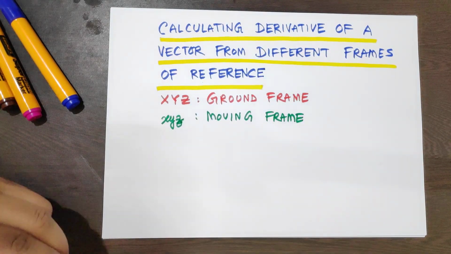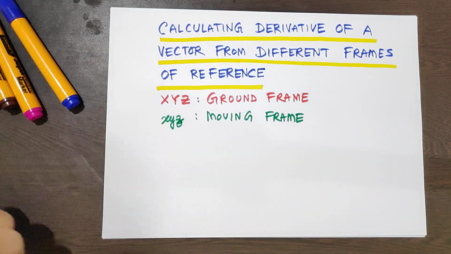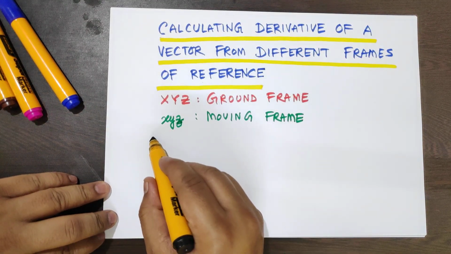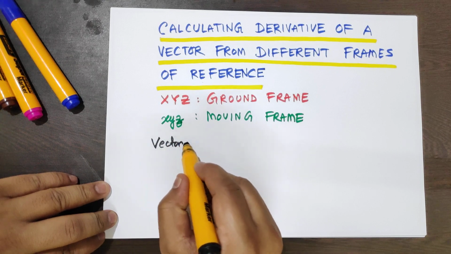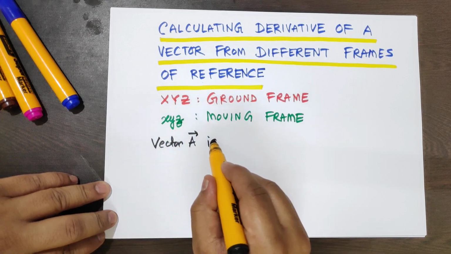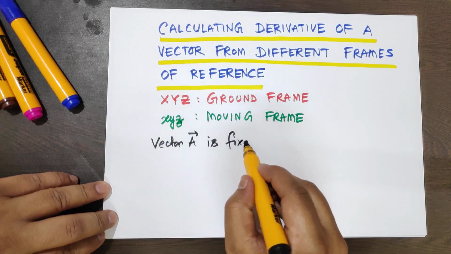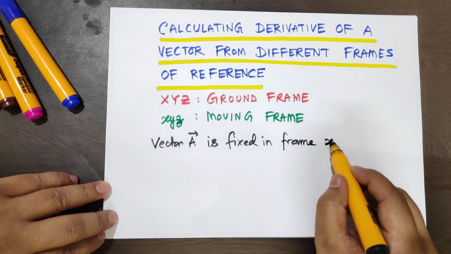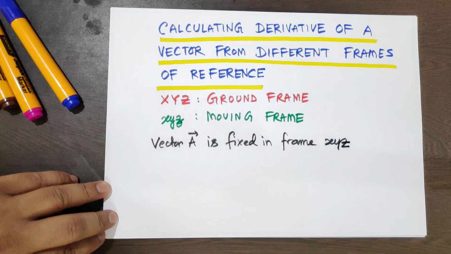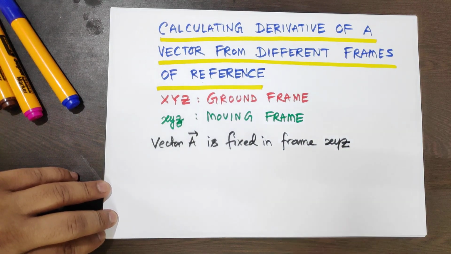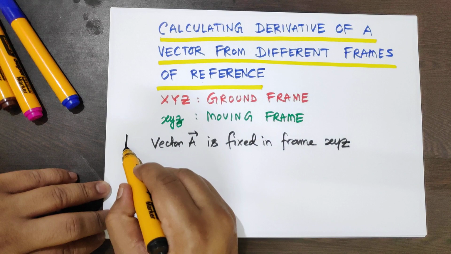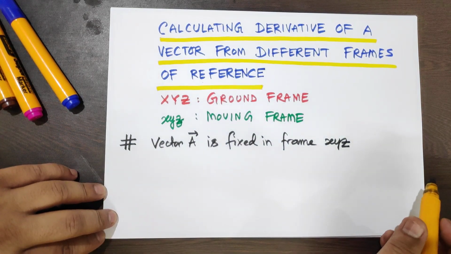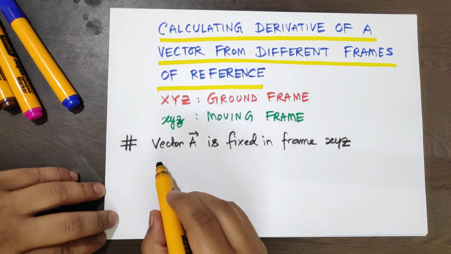Now, first case, suppose a vector A is fixed in frame small x, y, z, that is the moving frame. Okay, so this is case 1. Vector A is fixed in frame small x, y, z, the moving frame.